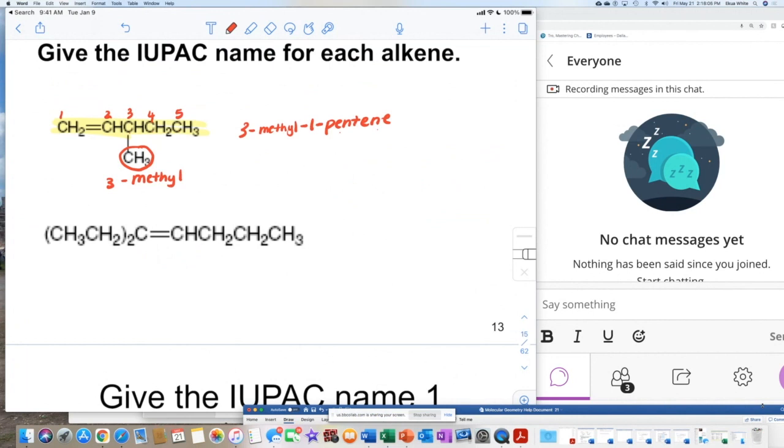Ooh, look at this. In parentheses, and there's 2 of them. So we have to decode the structure. We can't try to name it like it is, right? We have to simplify so we can select the longest chain. So I'm going to redraw this, right? Like this. See, starting with this, double bond, CH, CH2, CH2.